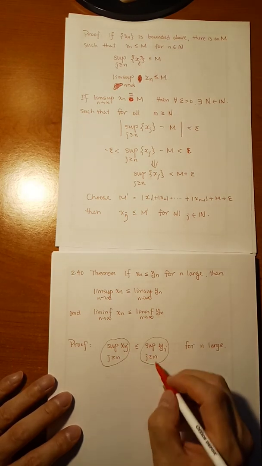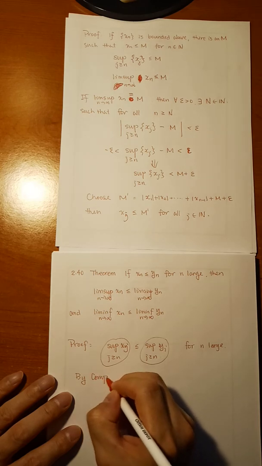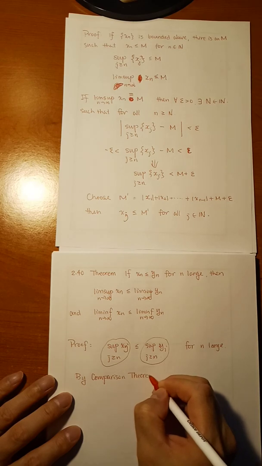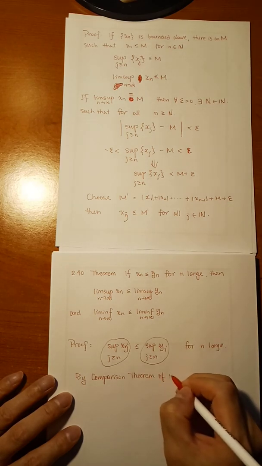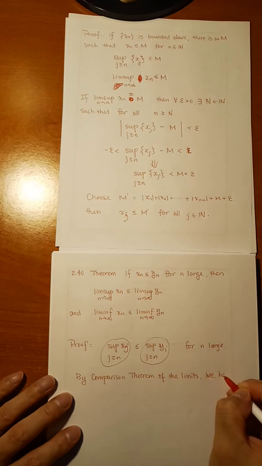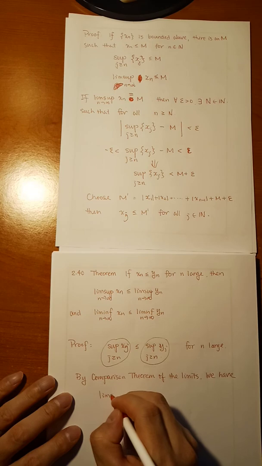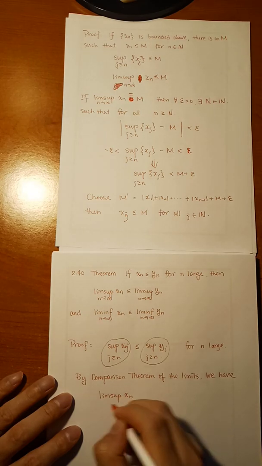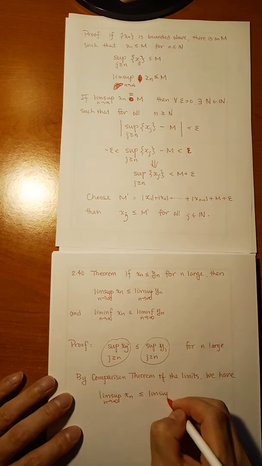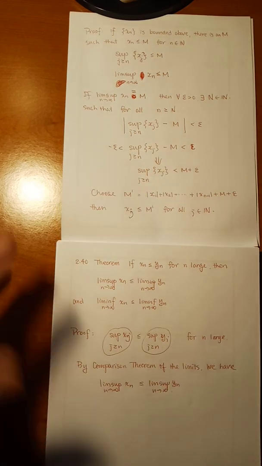So then by the comparison theorem of the limit, we let n approach infinity, and we will have the lim sup of xn is less than or equal to the lim sup of yn. Right?